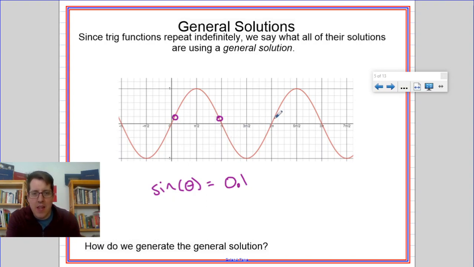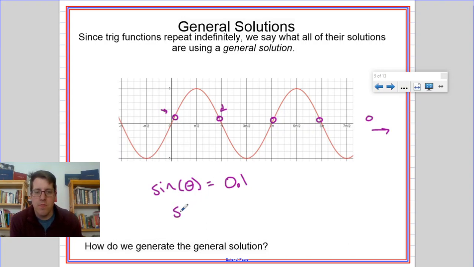But then again, here and here, and even over here, and so on and so forth forever into the future. So you would need to figure out one solution, another solution, and then you would need to figure out the general solution from there.